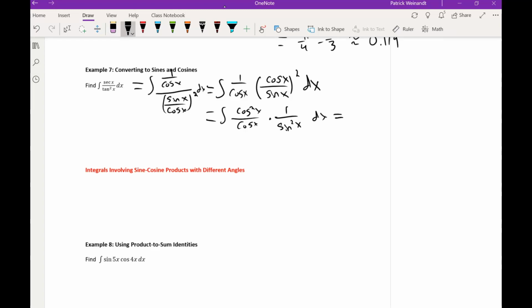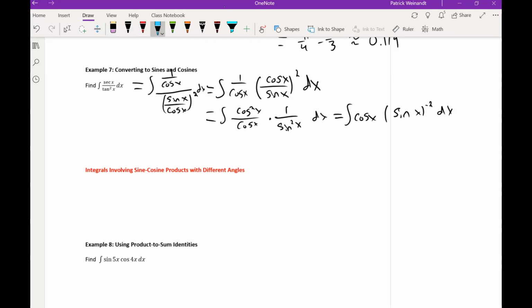Cosine squared over cosine is just going to become the integral of cosine of x times 1 over sine squared. That's the same as sine of x to the -2 dx. And basically, you can recognize we have a power rule now.